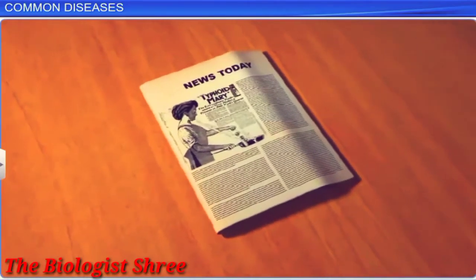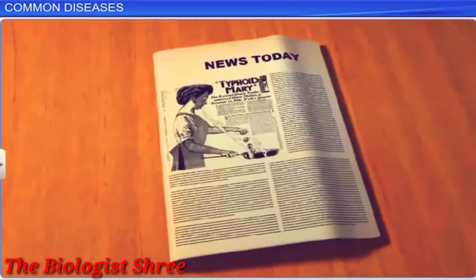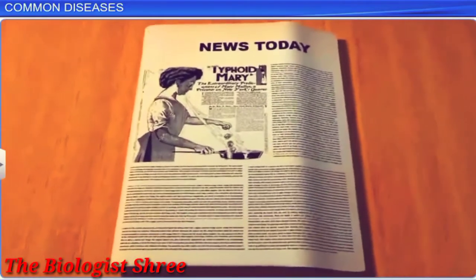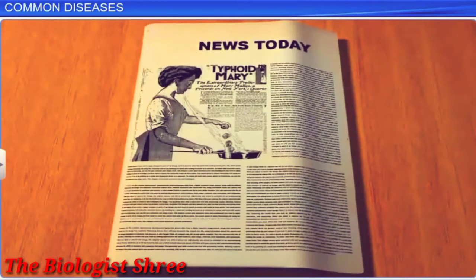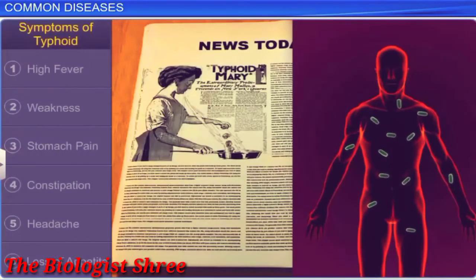Did you know that Typhoid Mary is a classic case in medicine where a professional cook called Mary Mallon caused several typhoid outbreaks through the food she prepared? This happened because Mary Mallon was a healthy typhoid carrier herself.